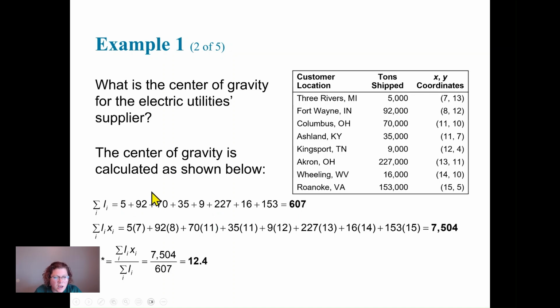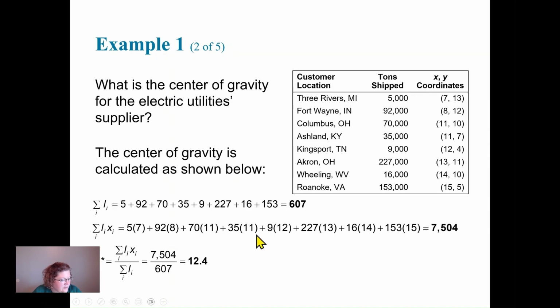But now we're going to break that up into the sum of each customer location's tons times its appropriate coordinate. We'll focus on the x coordinate first. In the table for Three Rivers, Michigan, you've got 5,000 tons, and your x coordinate is a 7. So where we are multiplying those together, we have 5 times 7 as the first term. If we move on to Fort Wayne, you have 92,000 tons times an x coordinate of 8, 92 times 8.